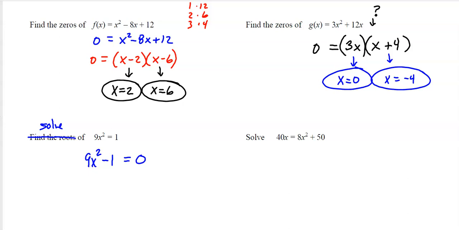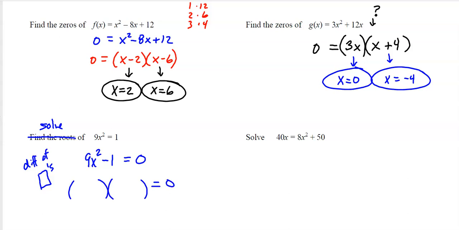On this problem, I had to manually move the 1 to the other side and set it equal to 0. Well, I notice I'm missing the front number. A lot of times when you're missing that front number, this is the difference of squares, and we spent some time practicing factoring this.